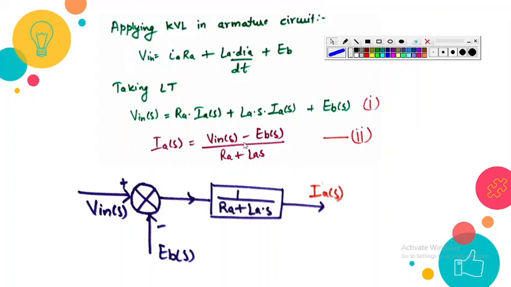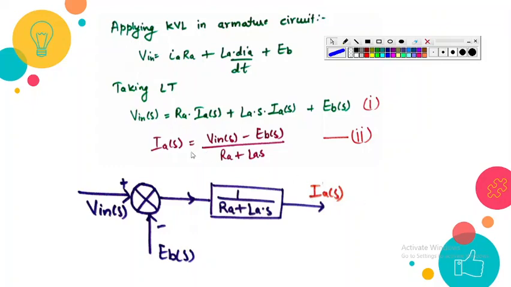In block diagrams, whenever you have to add or subtract something, you introduce a summation sign. Here we have taken one input as Vin, another input as Eb, and the output of this summation point will be Vin minus Eb. When this gets multiplied with 1 divided by Ra plus La into s, isn't it equal to Ia(s)?